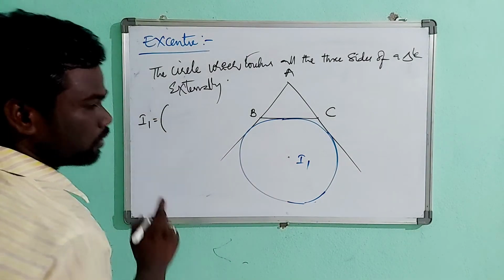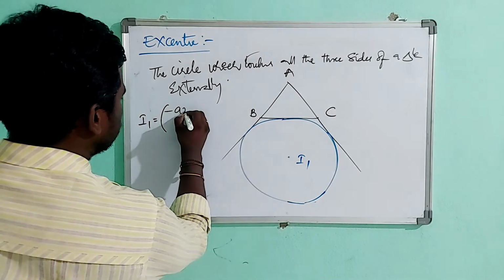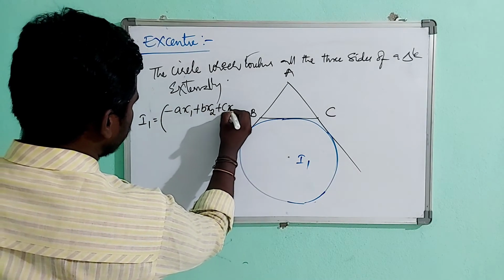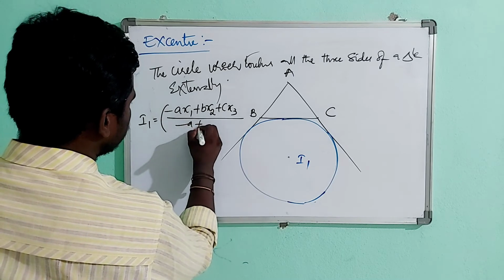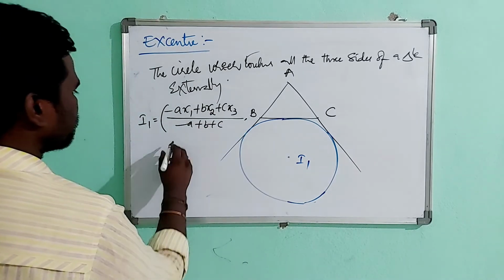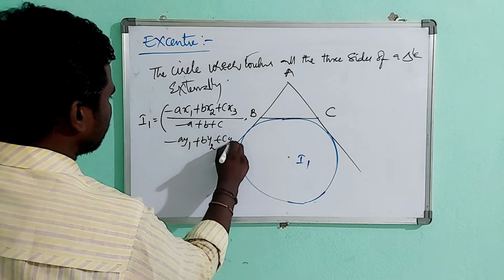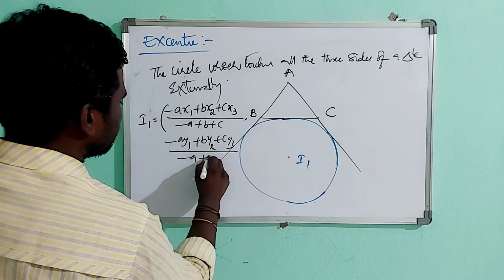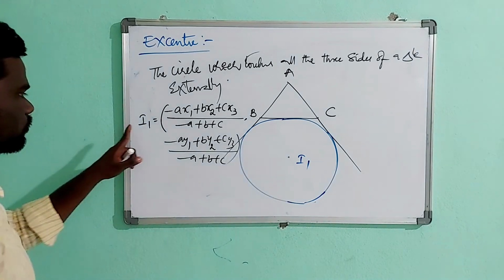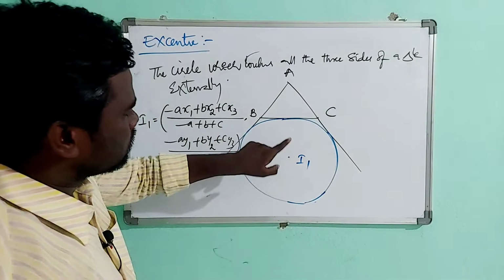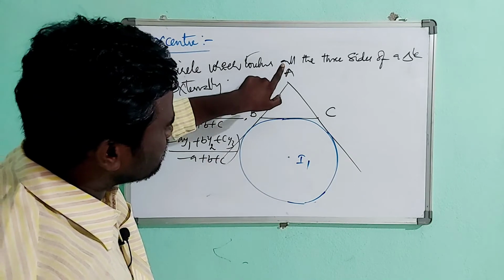By using this formula: (minus AX1 plus BX2 plus CX3) by (minus A plus B plus C), comma, (minus AY1 plus BY2 plus CY3) by (minus A plus B plus C). So by using this formula we can find Excentre 1, the Excentre opposite to the vertex A.